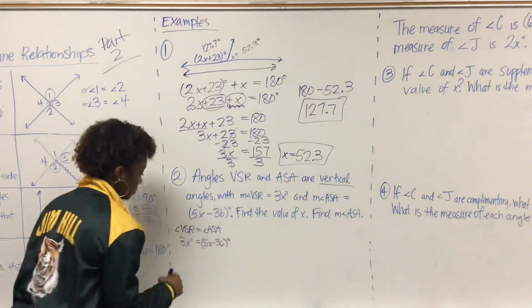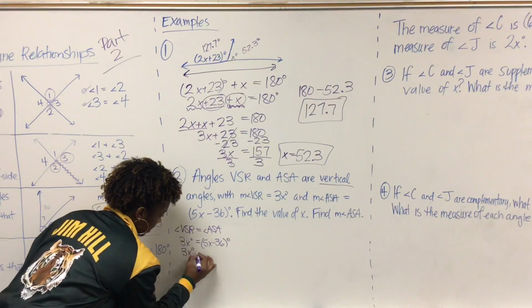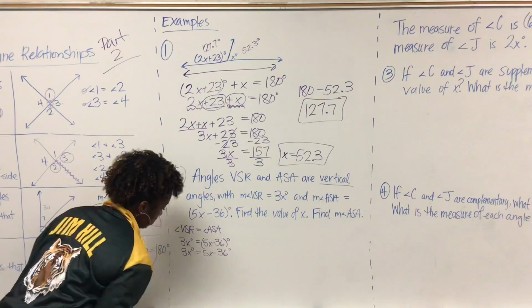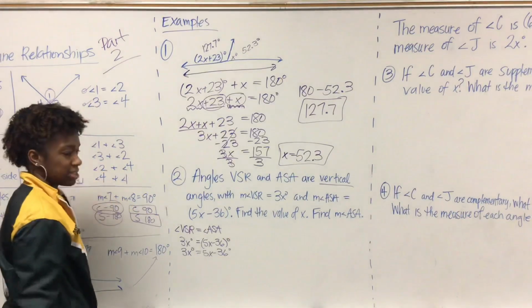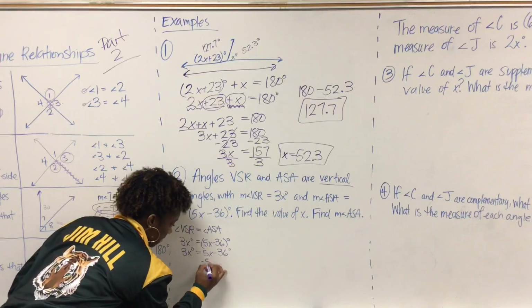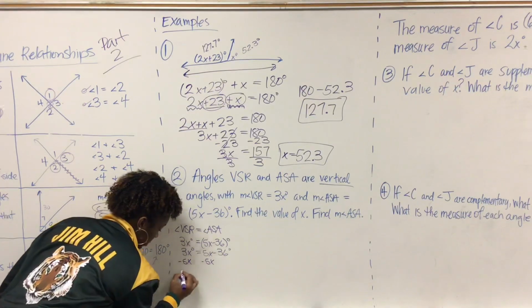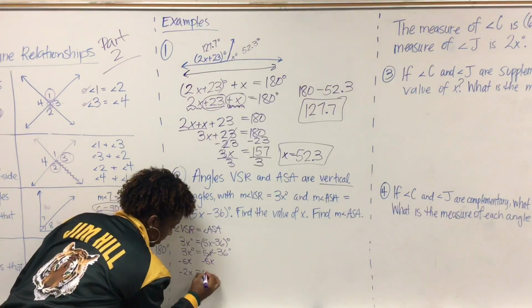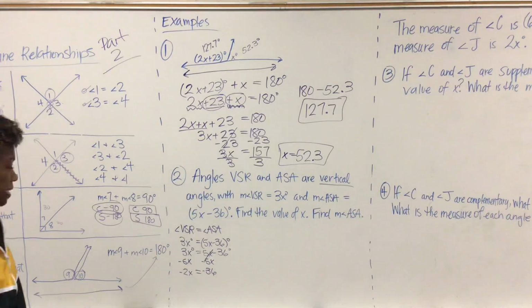Now, here, you can rewrite this if you would like and drop the parentheses. So we have 3x equals 5x minus 36. Again, you want to get x on the side by itself. So I'm going to subtract 5x from this side and bring it to this side. And so that'll give me negative 2x equals, this cancels out, negative 36.